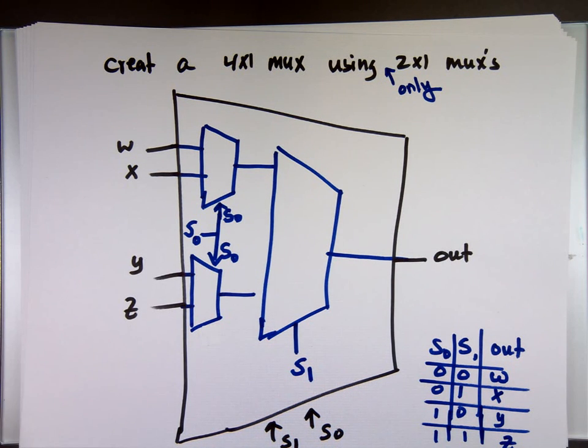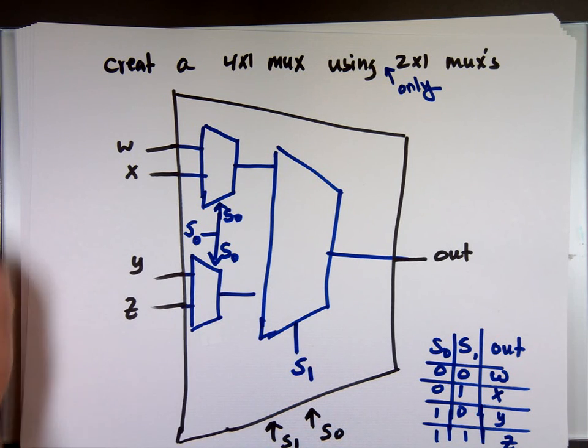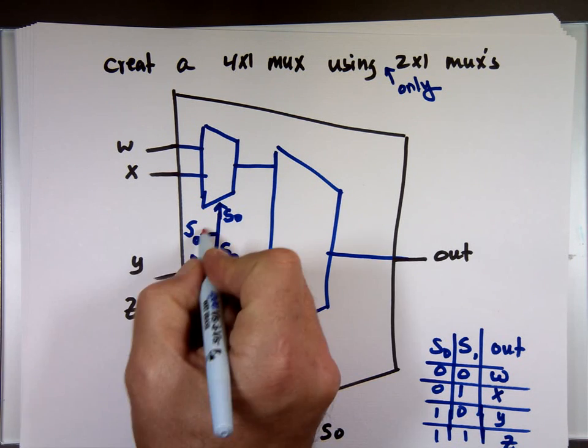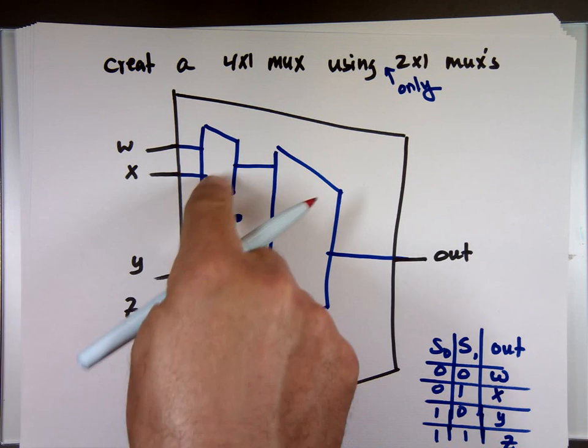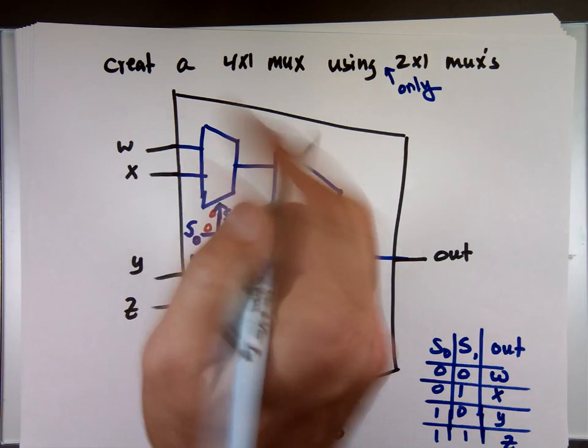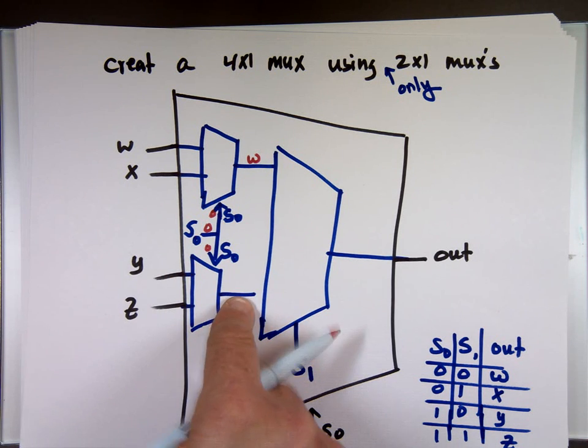Let's look at the first one, 0, 0. If you put a 0 here, I'll erase it. That says my output for this one is going to be whatever attached to pin 0, which is W. And my output for this, whatever attached to pin 0, which is what?